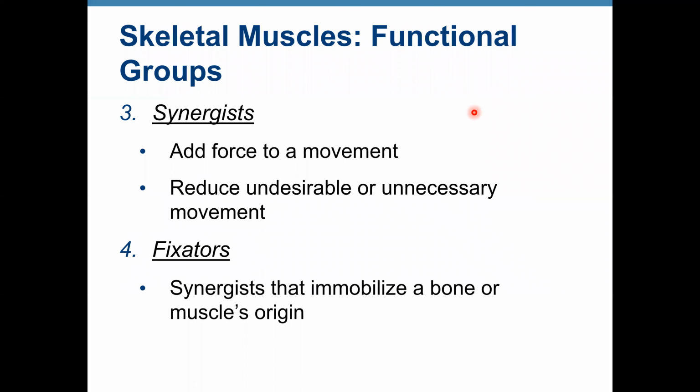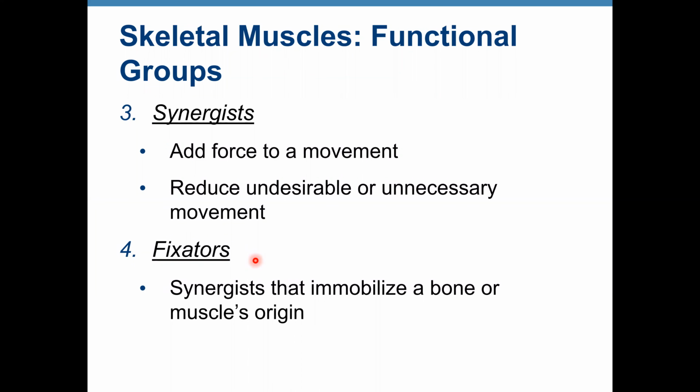Another functional group includes synergists. Synergists add force to a movement or reduce undesirable or unnecessary movement. So back to our example, if we flex our elbow and we use biceps brachii, we can have some other muscles to help us. Let's say the muscle brachialis or even brachioradialis, that is a very weak flexor of the elbow, but they are synergists to biceps brachii.